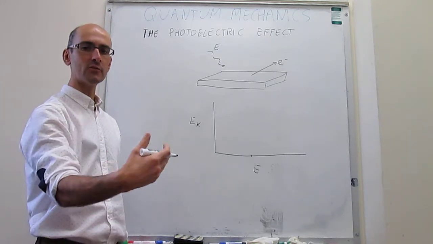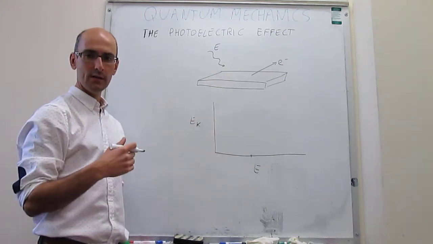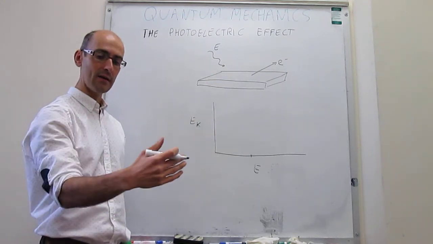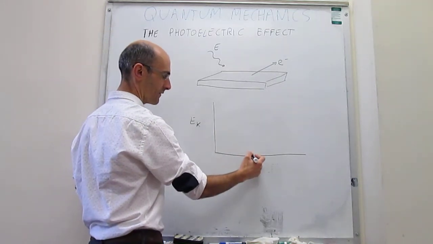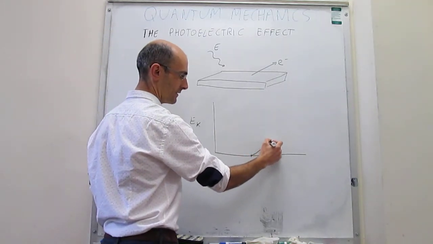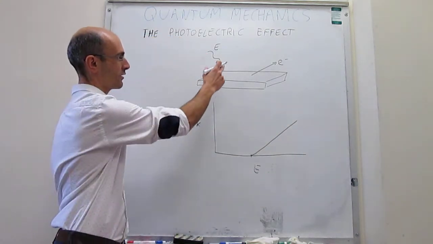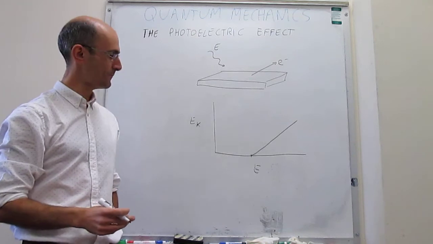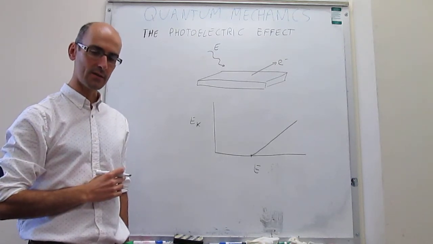But as you start to increase the energy of this electromagnetic radiation that comes to the metal, then electrons might get ejected. But something interesting that happens is that the kinetic energy of the electron increases linearly with the energy of the electromagnetic radiation that you have put in. So this is something that was not able to be explained by classical theory.